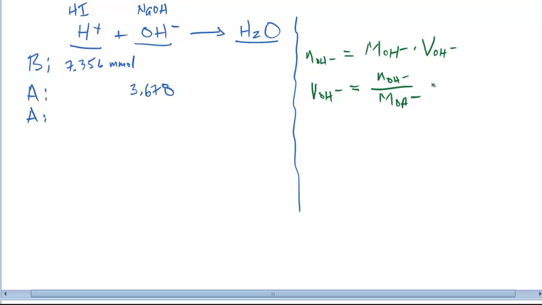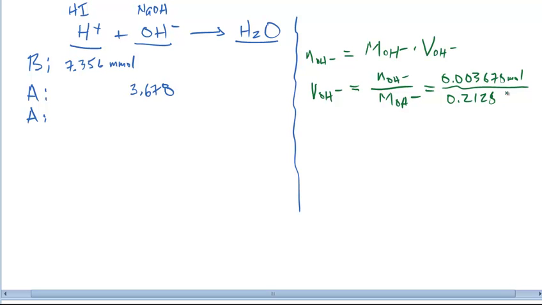When we substitute in, I'm going to go back to moles from millimoles: 0.003678 moles divided by the molarity of the hydroxide solution, which is 0.2128.